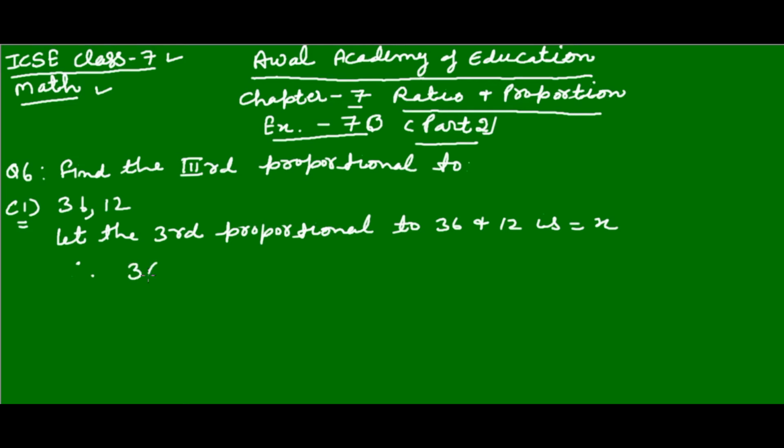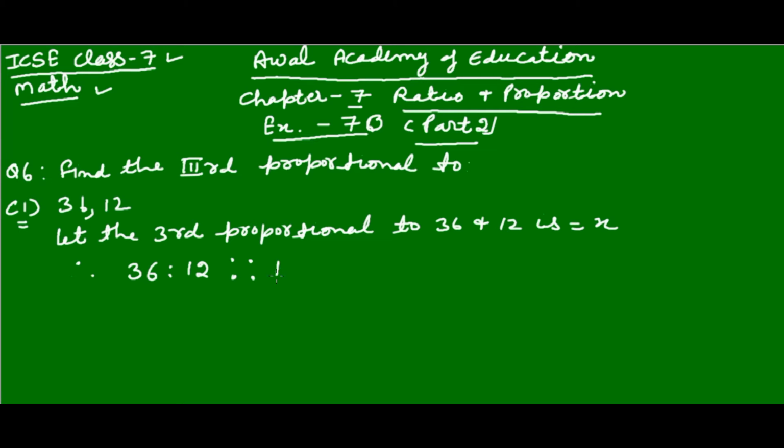Therefore we can write it as 36 ratio 12. These are the first two terms. We have considered the third proportional.